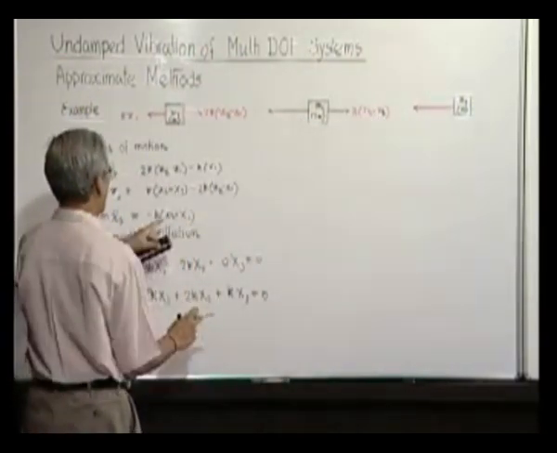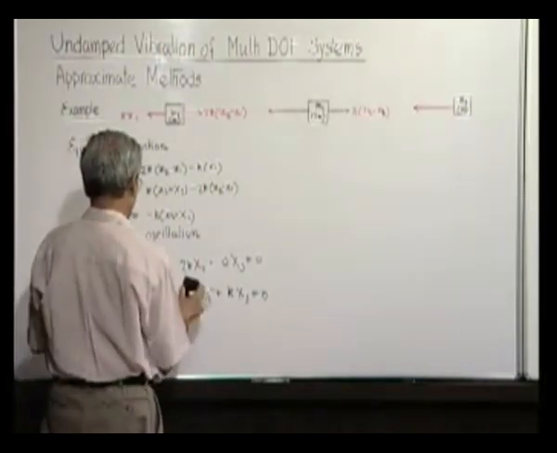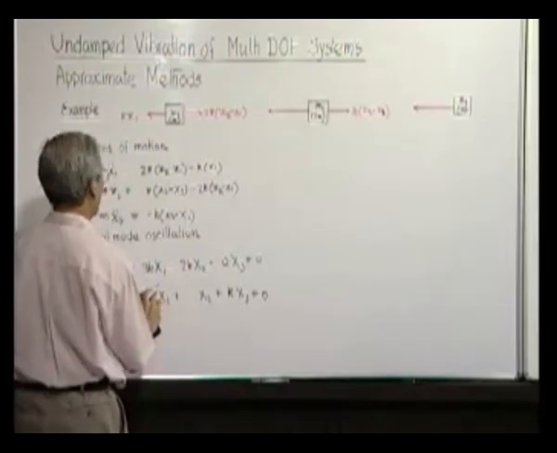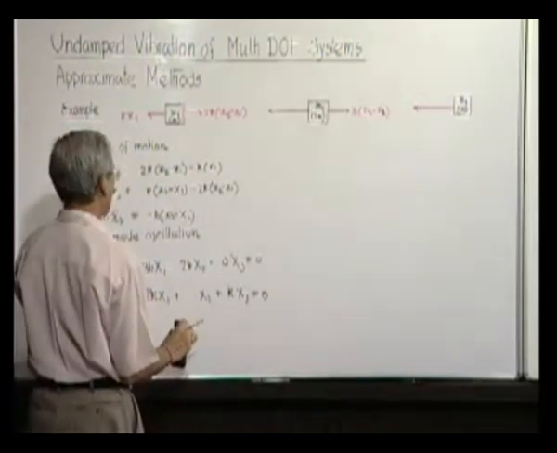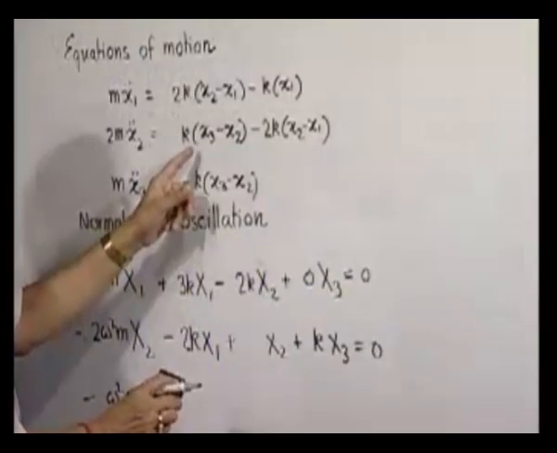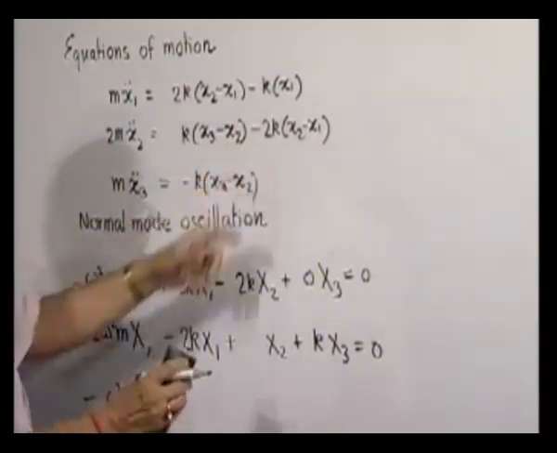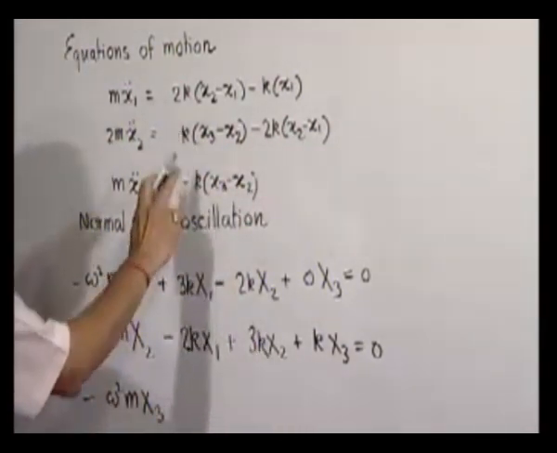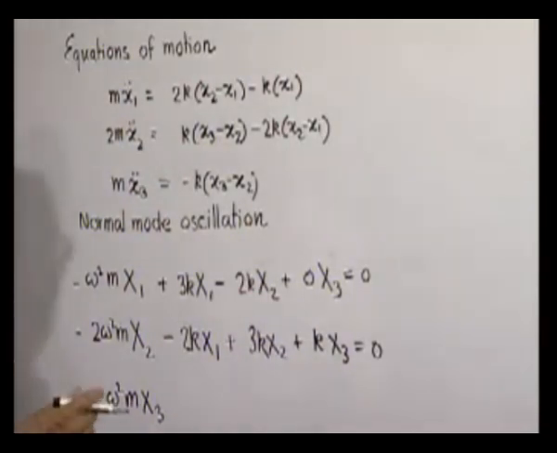So x1 will be minus 2k x1, x2 will be k, so 3, so plus 3k, and x2 will be minus.